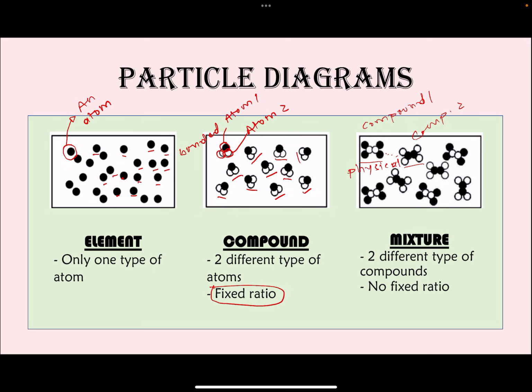And there is no fixed ratio for a mixture, because as of this moment, if you look at your diagram, you see that we have 4 particles of compound 1, and we have like about 4 particles of compound 2. However, if I give you like 3 and 3, or if I give you like 3 and 4 or something, it's still going to remain the mixture of 2 different compounds. So mixtures have no fixed ratio.